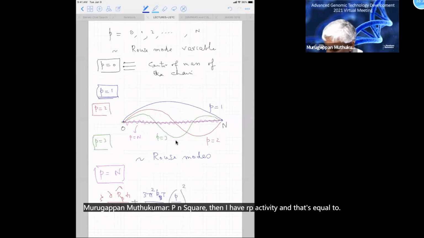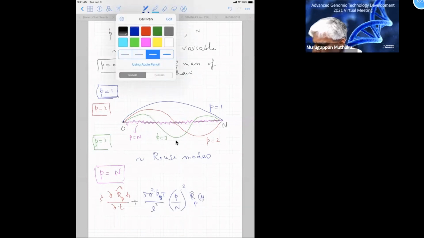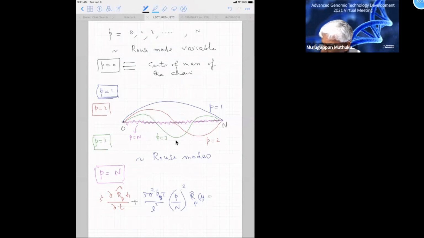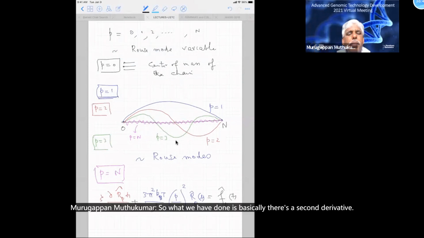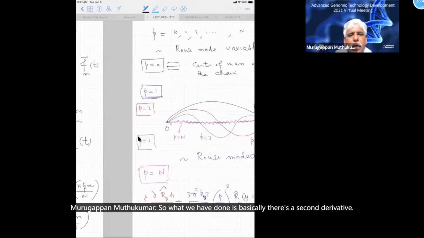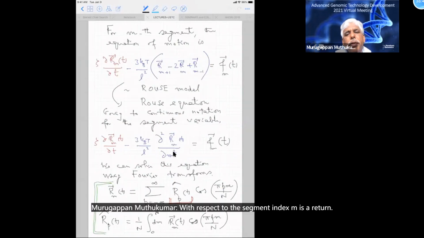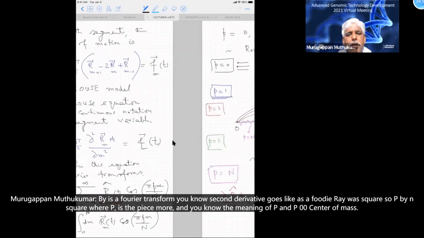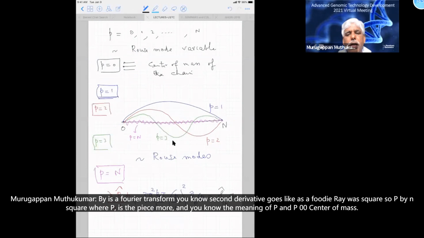Then I have r hat p at t, and that's equal to f hat p at time t. So there's a second derivative term with respect to the segment index n, written by its Fourier transform. Second derivative goes like the Fourier variable square, so p by N square, where p is the pth mode.